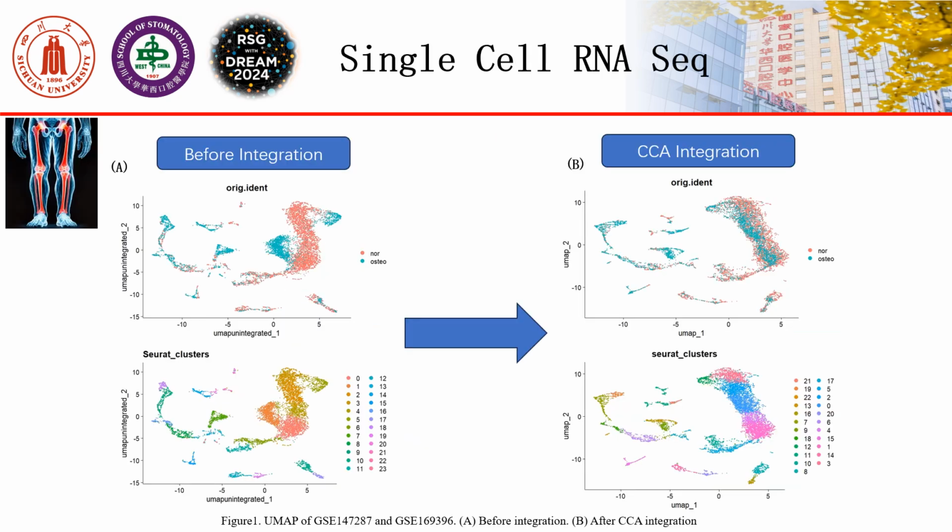Next, we collect two datasets from the GEO database with single-cell RNA sequencing data. Both use osteoporosis and non-osteoporosis patients' femur head bone samples, and we integrated the two datasets with CCA integration to remove batch effects.